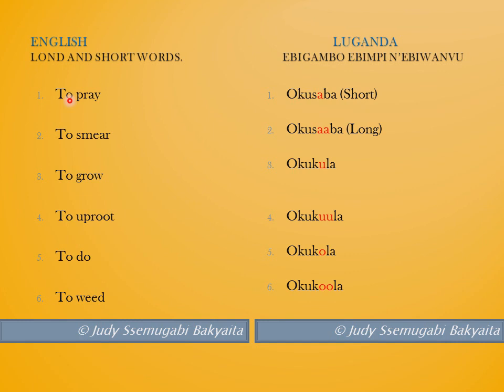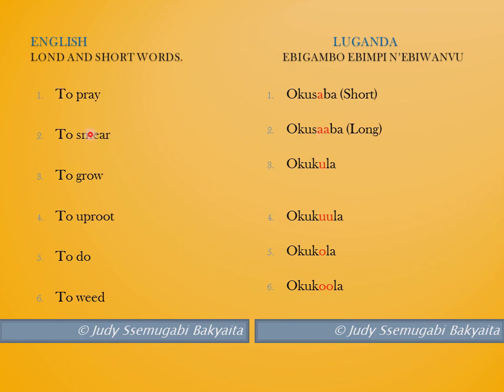In Luganda we say okusaba. That is short. So when we add in another A to make it long, it sounds okusaaba. The meaning has changed.